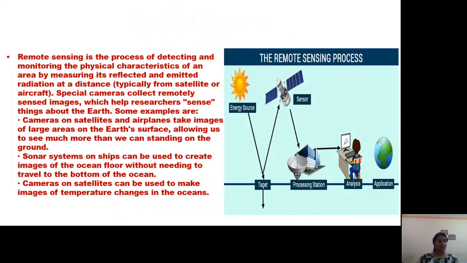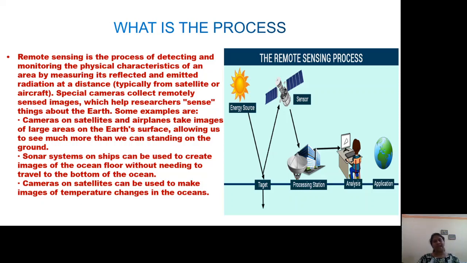Without physical contact, information about an object can be acquired by these remote sensors. It is a process of detecting and monitoring an object.